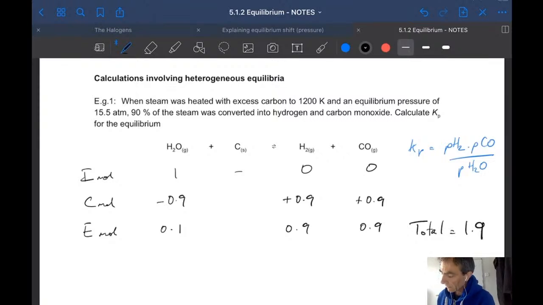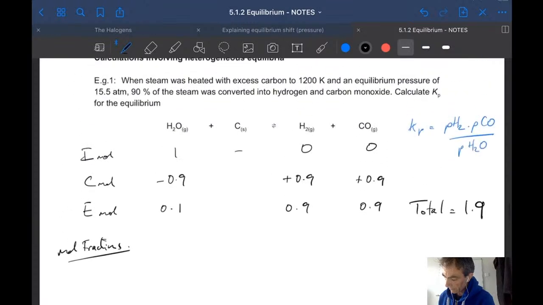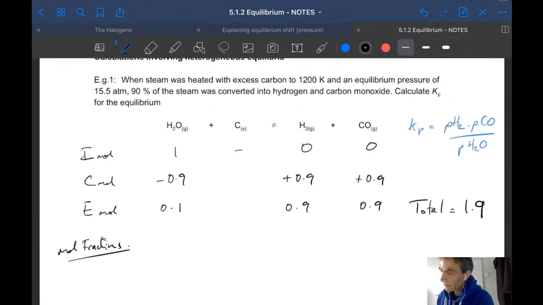So what do we do now? We work out mole fractions. I'll have to do them across here. The mole fraction, remember, is the moles at equilibrium over the total moles.